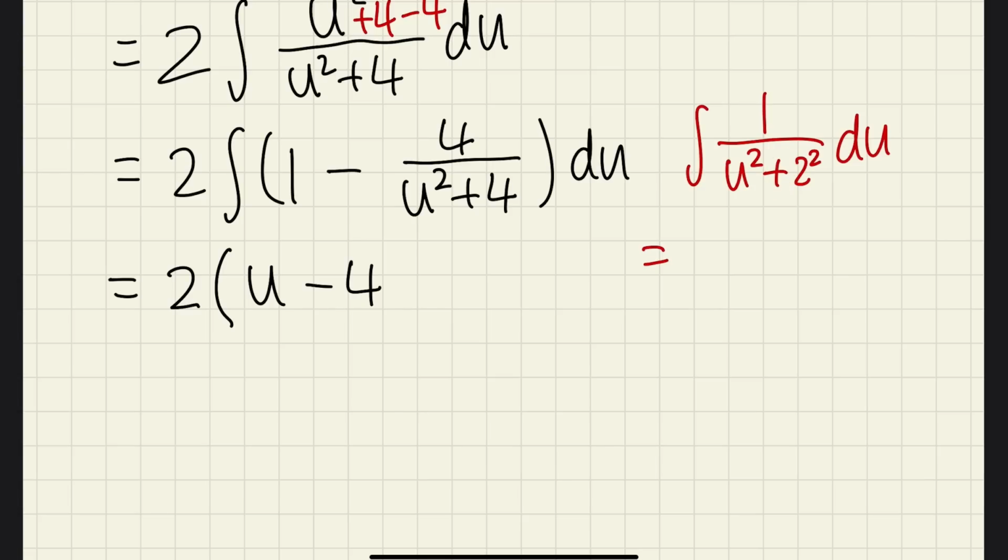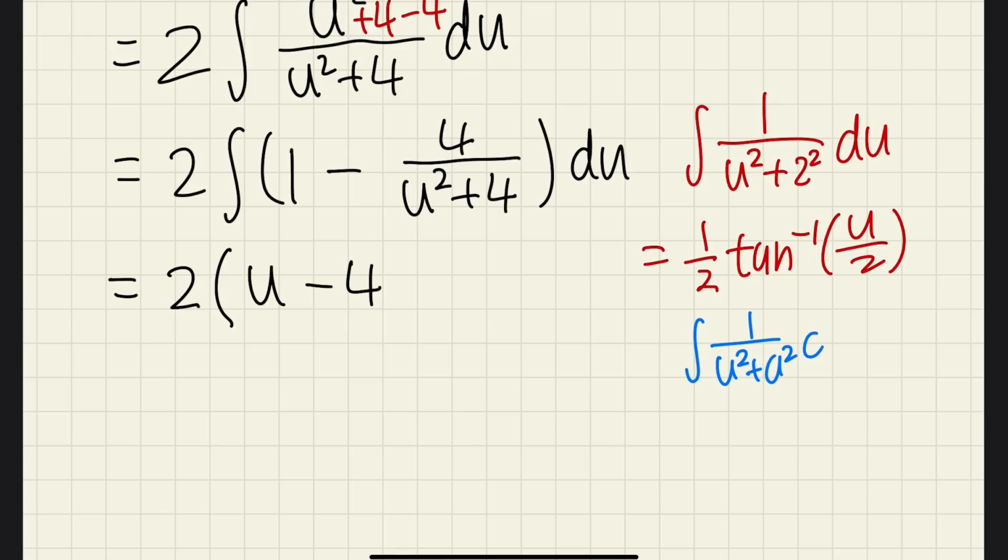There's a plus in between, so that's the inverse tangent. We will end up with 1 over 2, and then inverse tangent of u over 2. And the general formula is 1 over a, inverse tangent of u over a, and then plus c.